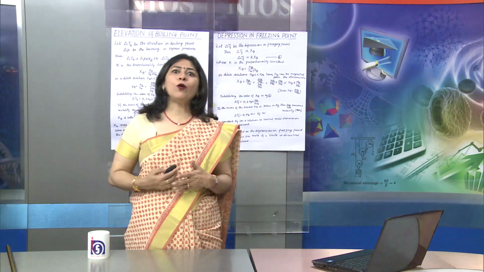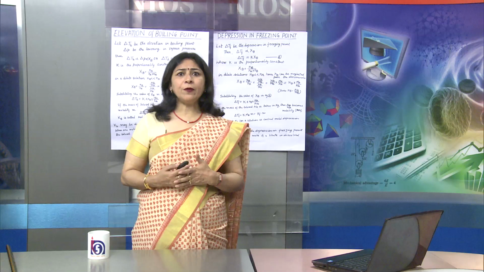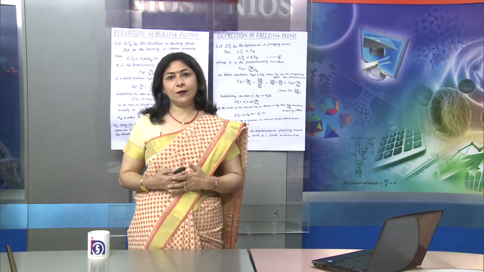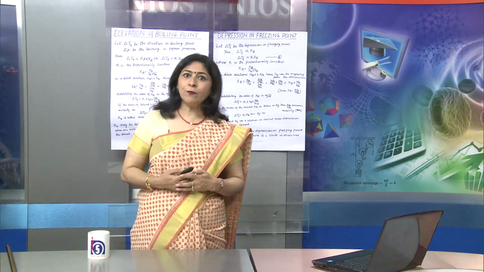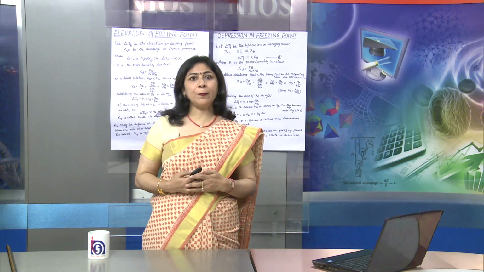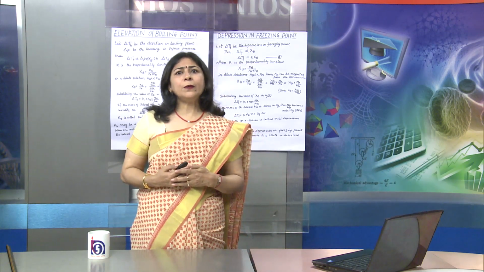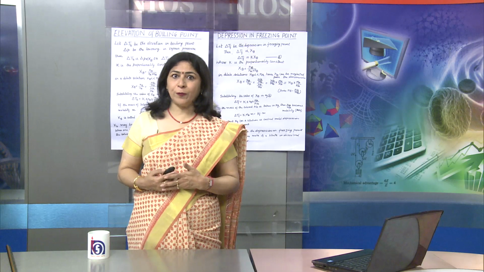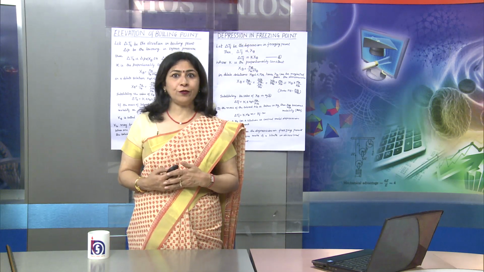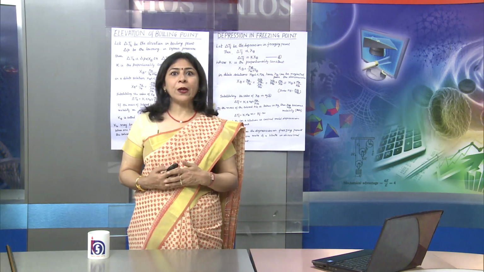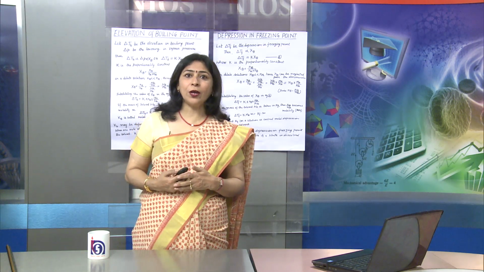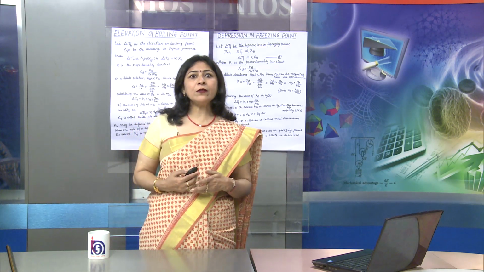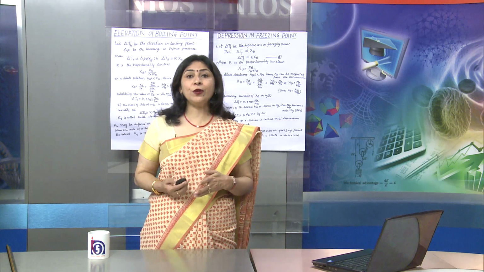Now, we have done colligative properties. Now, something which is known as abnormal colligative property. Colligative properties of solutions depend only upon the number of solute particles present in the solution and not on their nature. But sometimes while measuring colligative properties, abnormal results are obtained due to a few reasons.